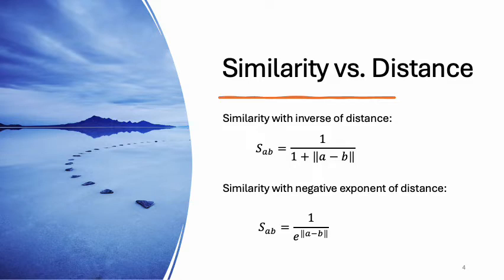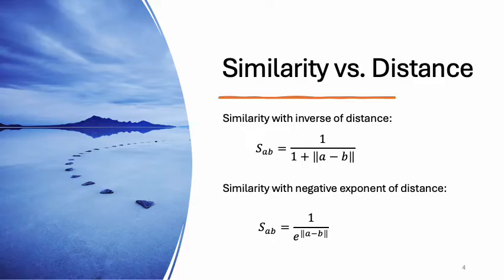The first one is inverse of distance. This method simply inverts the distance value. As a result, closer data points have higher similarity scores. The resulting similarity score is normalized between 0 and 1. As the distance approaches infinity, the similarity approaches 0, and vice versa.